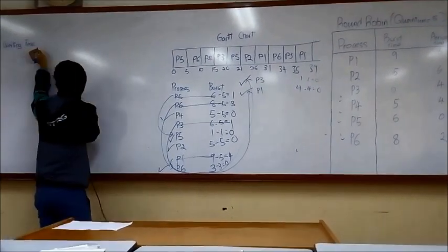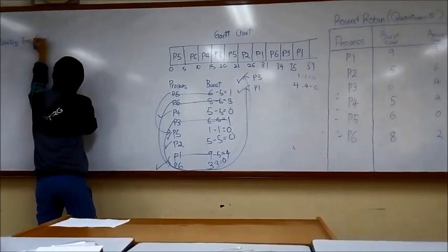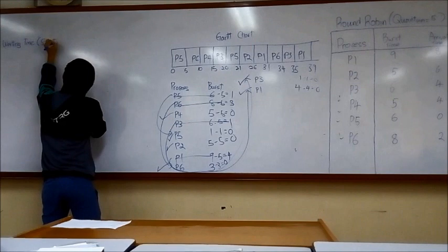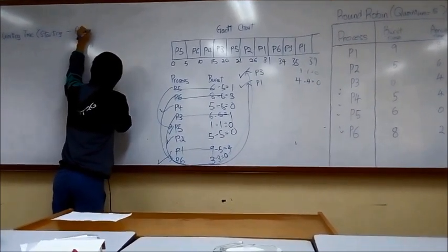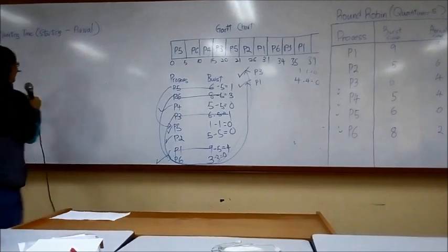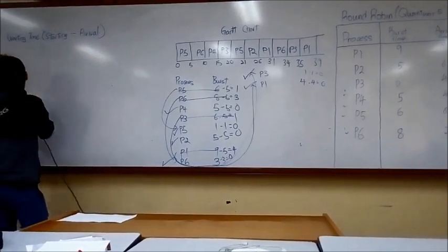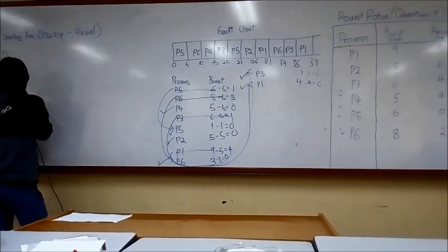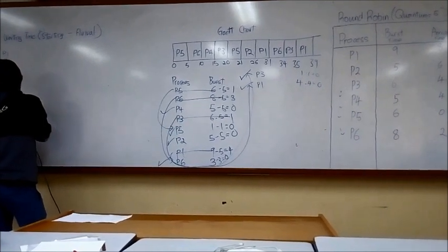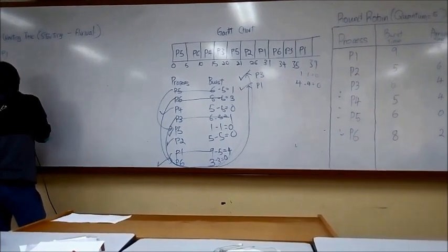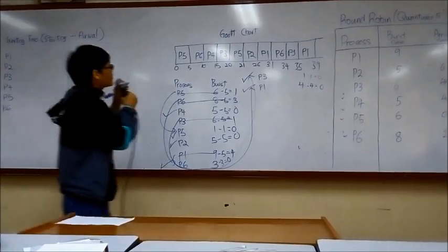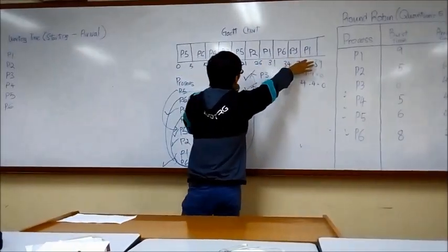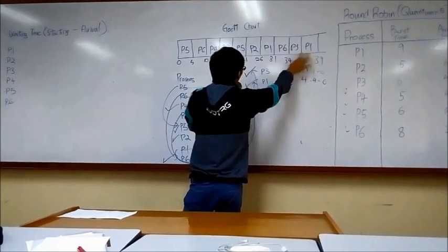The formula for waiting time is starting time minus arrival time. You need to remember it. Since we have 6 processes, P1 until P6, and because in the Gantt chart P1 is separate, we need to calculate the two parts separately and then sum up.